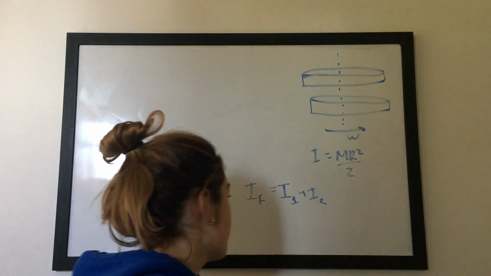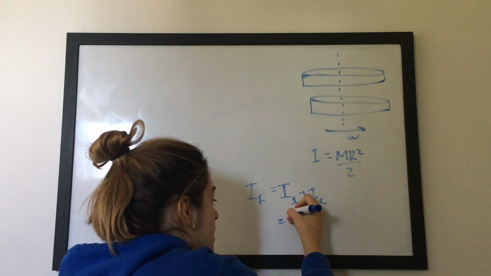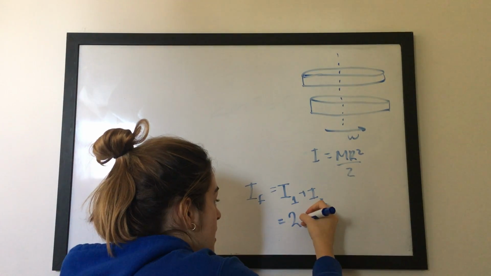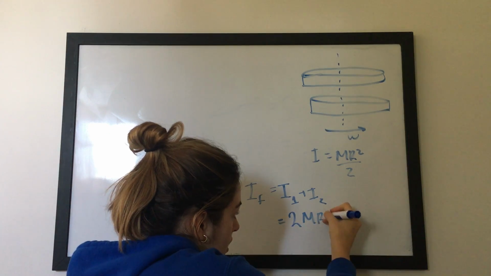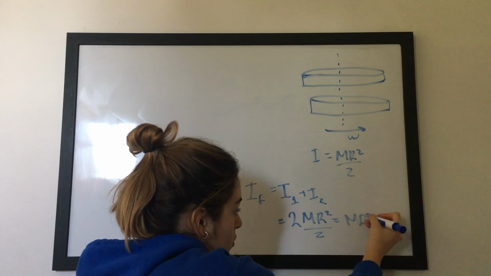So we know that the final inertia can also be written as 2 times mr squared divided by 2, since one disk is that, which simplifies to mr squared.